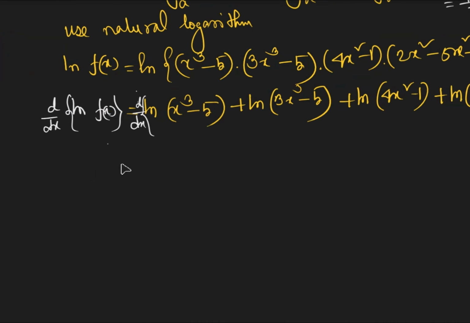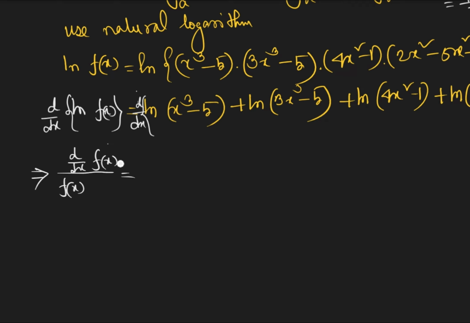Now we have to use the formula. The formula was d/dx of ln f of x means 1 by f of x times d/dx of f of x, right?